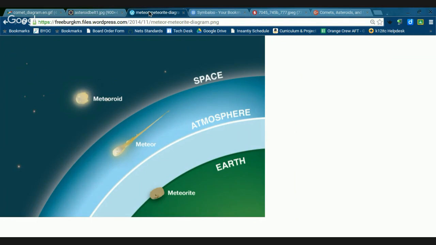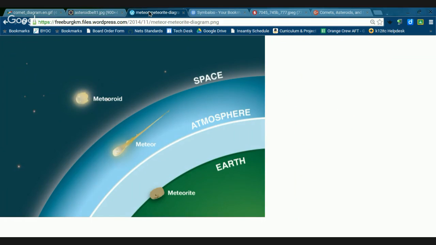So, meteoroids are going to be significantly smaller than your asteroids since they were formed from the collision of asteroids. So we're going to say they can be as small as a meter. They could be as large as 20 kilometers. They might be a little bit bigger than 20 kilometers, but they're significantly smaller than your asteroids.